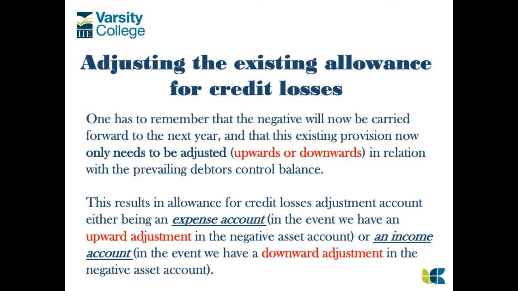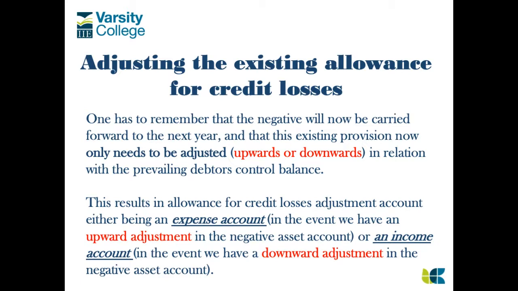Does that make sense? Because we're adjusting that expense, okay? If it's not sinking in right now, don't worry. When we do exercises, it will make sense, okay? And so if we're crediting allowance for credit losses adjustment, that means that we are then debiting allowance for credit losses, the negative asset. Does that make sense?